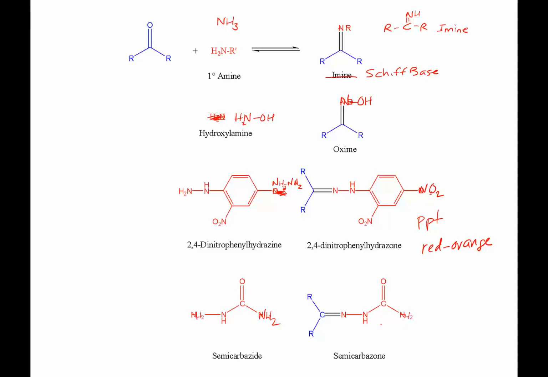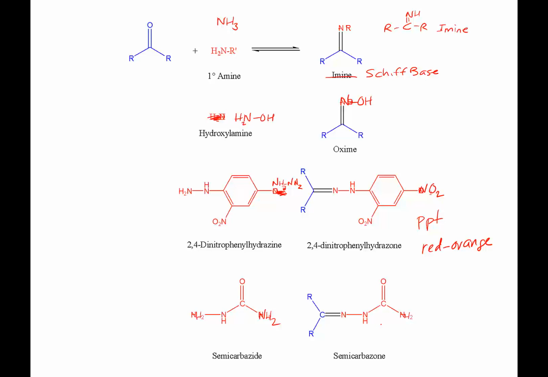We don't do that as much anymore, although still in my files I do have a qualitative analysis where we would give you a test tube of unknown and you'd have to figure out what it is. And you could do a mini version of this, not 8 weeks, but a little bit minier. So that's why these things were important, because we could do that.